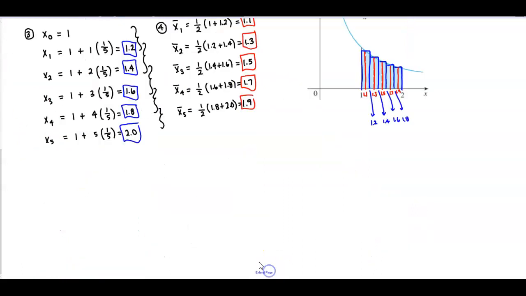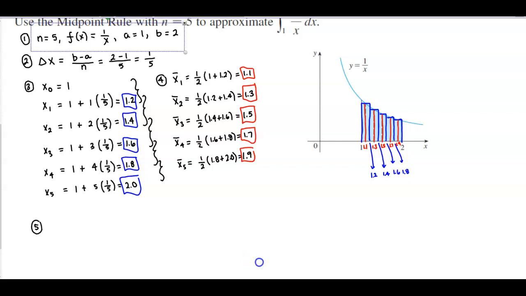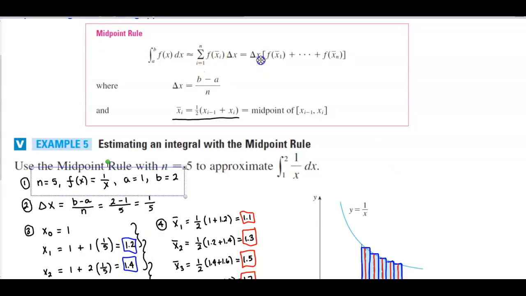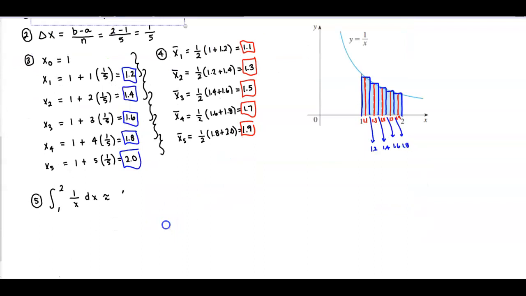So let's go ahead and tie this all together. For step 5, we have the integral from 1 to 2 of the function 1 over x dx, and it's approximately, by using this definition at the top here, delta x times f of 1.1 plus f of 1.3, since those are the midpoints, plus f of 1.5 plus f of 1.7 plus f of 1.9.